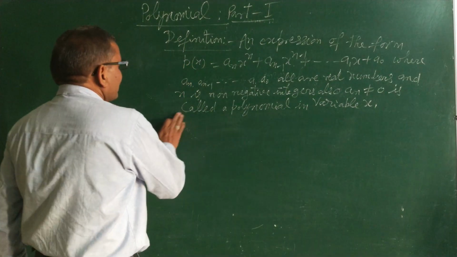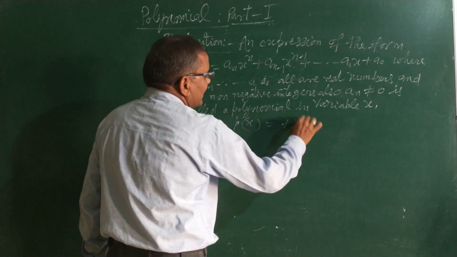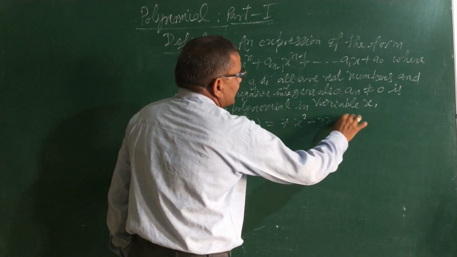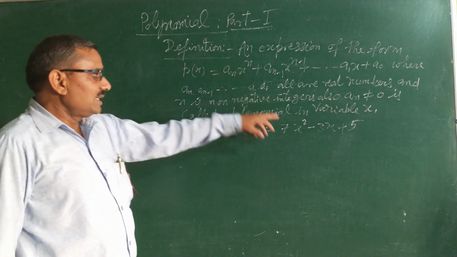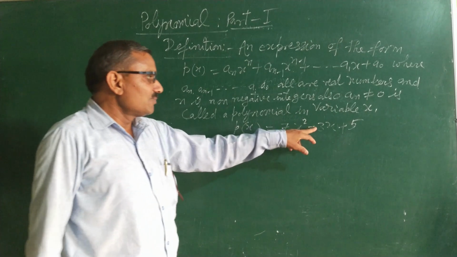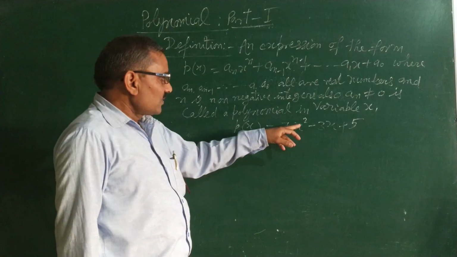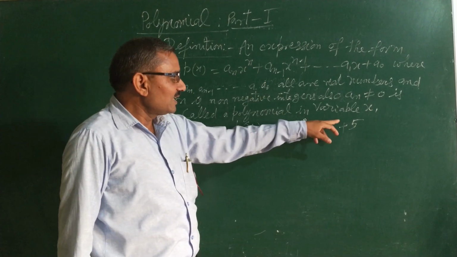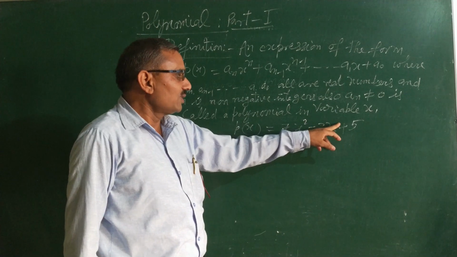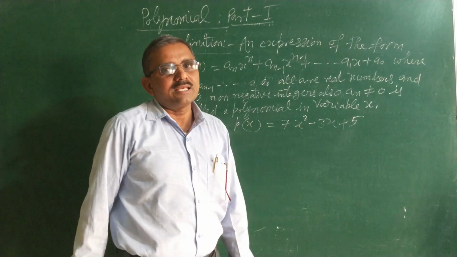For example, p(x) is equal to 7x square minus 3x plus 5. So here 7x square minus 3x plus 5 is a polynomial. Here the value of n is 2, and here the power of x is 1. Such type of expression is known as a polynomial.